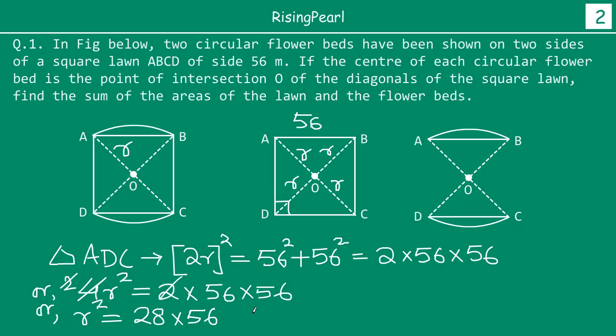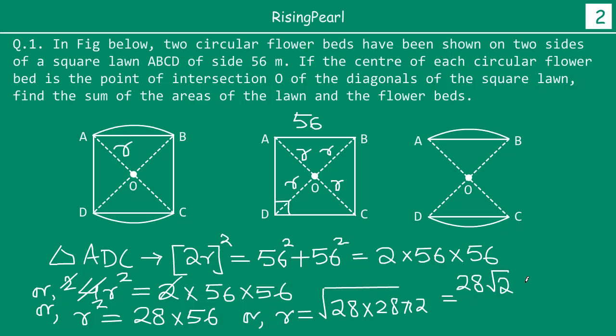So r squared is equal to this, or r is equal to the square root of 28 times 56, which can be written as 28 times 2, so 28 comes out, it will be 28 square root 2. So the radius is 28 square root 2.